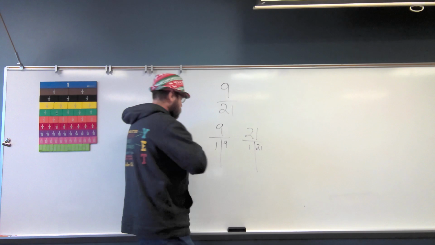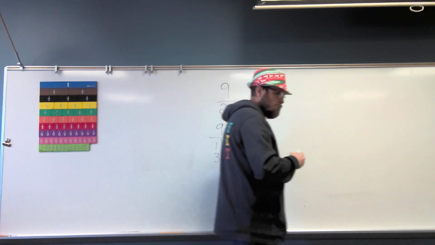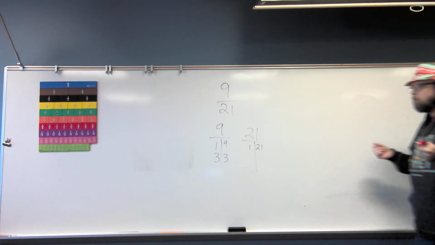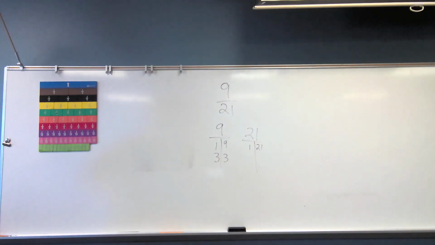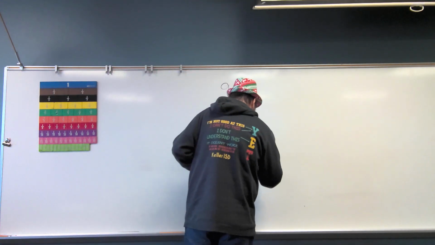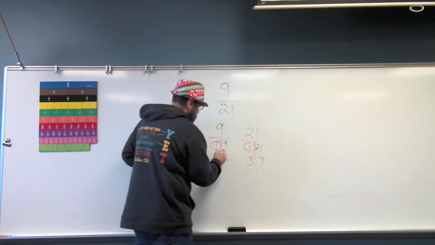Good. 3 times 3. And we could count, or look at our multiplication chart, whatever works best for us. And then we have 21, which would be 3 times 7. We find everything they have in common.